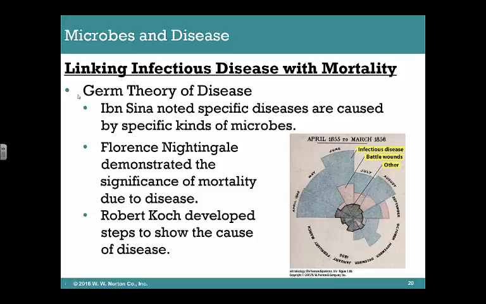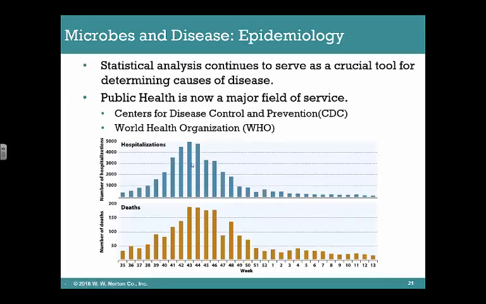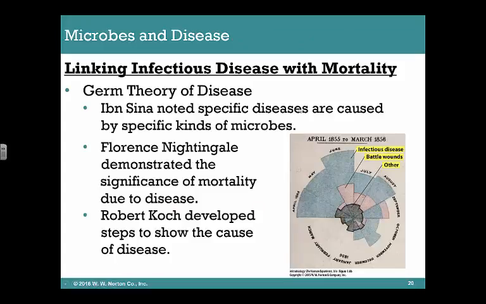And so there are a few really important contributors to this idea. One was a Muslim physician and philosopher, Ibn Sina, who noted that specific diseases are caused by specific kinds of microbes. So he made that link between microbes and disease, and that not every microbe would cause the same disease, that different microbes were associated with different symptoms.